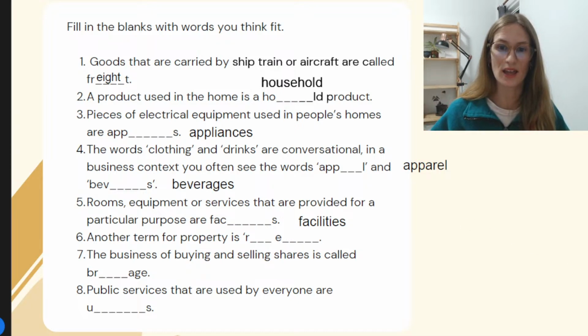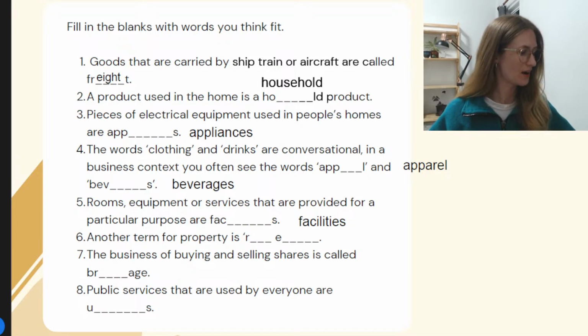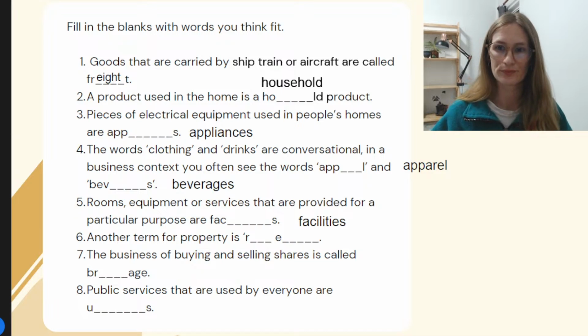Number 6, another term for property is R-E, two words, R and E. Any ideas? There are quite a few shows on Netflix about this, so perhaps this is an easy one.